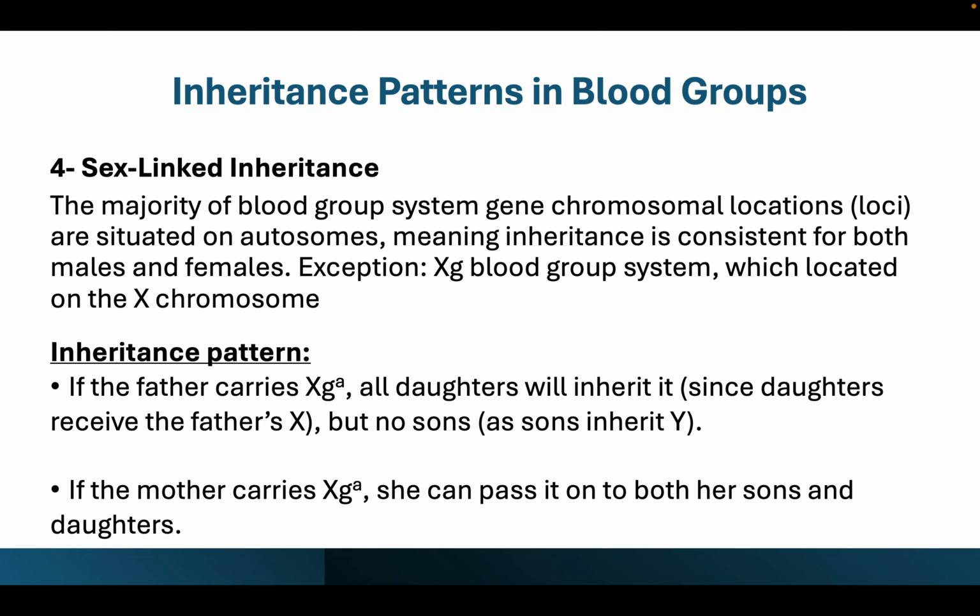Let's explain it first. The mom has two X chromosomes, so if she has the XG blood group gene located on the X chromosome, she can give the trait, or encode the antigen, to all of her daughters and sons in equal percentage.